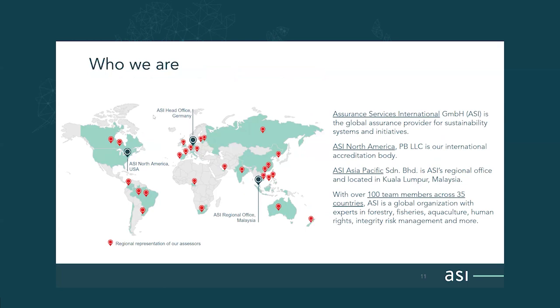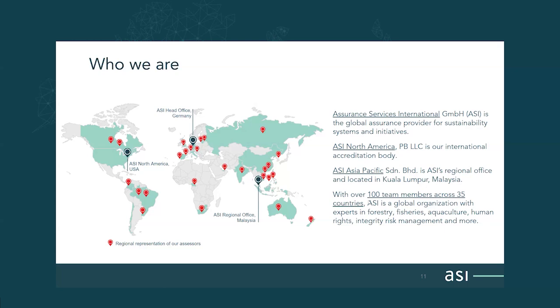And the black dots represent our offices. The main office is in Bonn, Germany. It's ASI head office. Then we have in the US our international accreditation body, our regional office in Malaysia. And yeah, today we have over 100 team members across 35 countries.